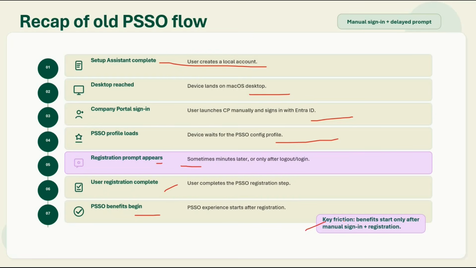However, the key friction was that the benefit of PSSO will be availed by the end user only after he manually does the registration after getting the registration prompt. Until he does that, there is nothing that the admin could do, or the end user was not forced.